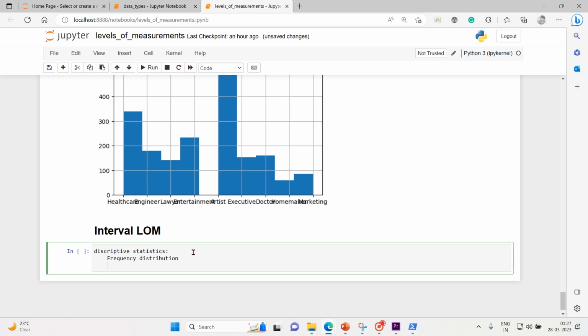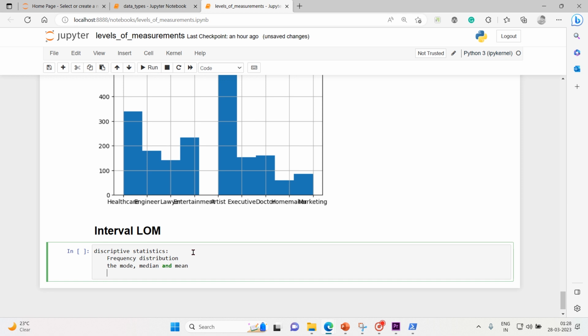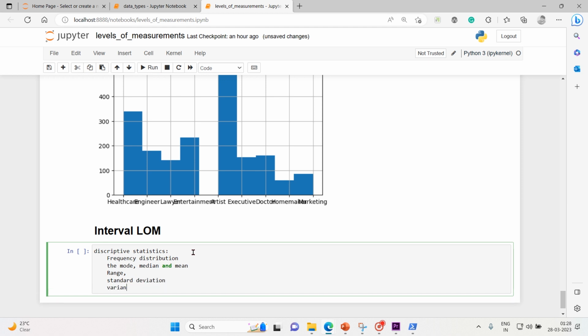Then the measures of central tendency, the mode, median and mean, and range, standard deviation, and finally variance. These are the descriptive statistical measures that we can use with interval data.